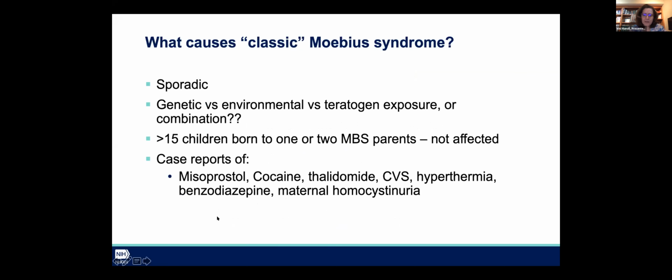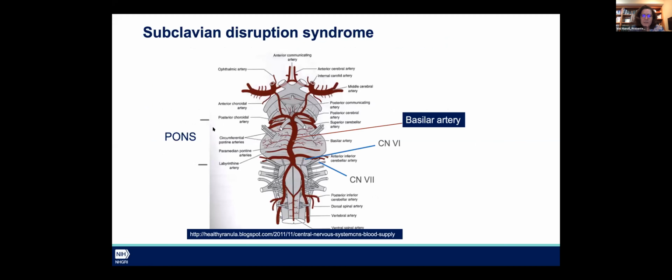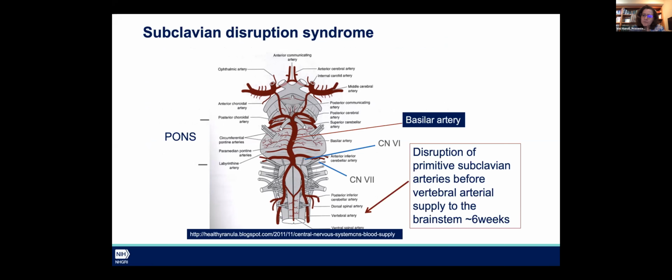And then again, here I wanted to make a note of toxicology: exposure to misoprostol, cocaine, thalidomide, hyperthermia, maternal homocystinuria, things that cause abnormality in vascular support in the brainstem. This is called the subclavian disruption syndrome. So different causes that can disrupt the blood supply during that critical period in development can result in Moebius.